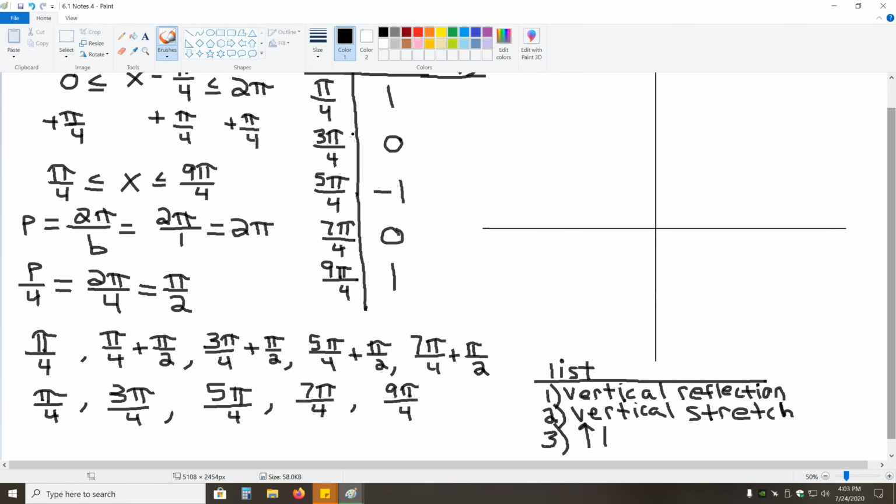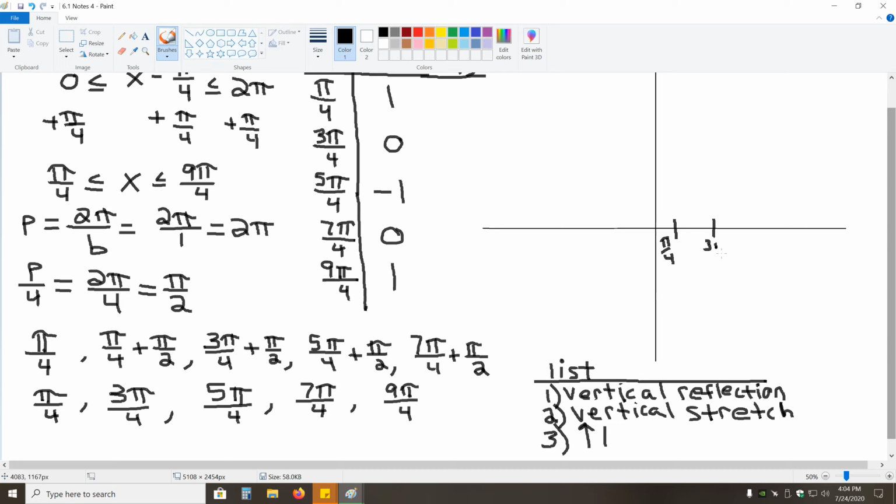So, we need to graph from pi/4 to 9pi/4. So we'll make a note here. We'll start at pi/4. The graph will then go to 9pi/4, and each tick mark from here will be a distance of pi/2.